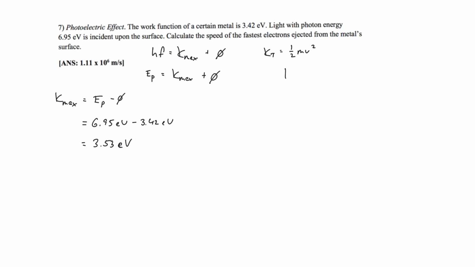And to do that, I know that 1 electron volt is 1.602 times 10 to the negative 19 joules. Okay. So if I convert this to joules, I get 5.65 times 10 to the negative 19 joules.